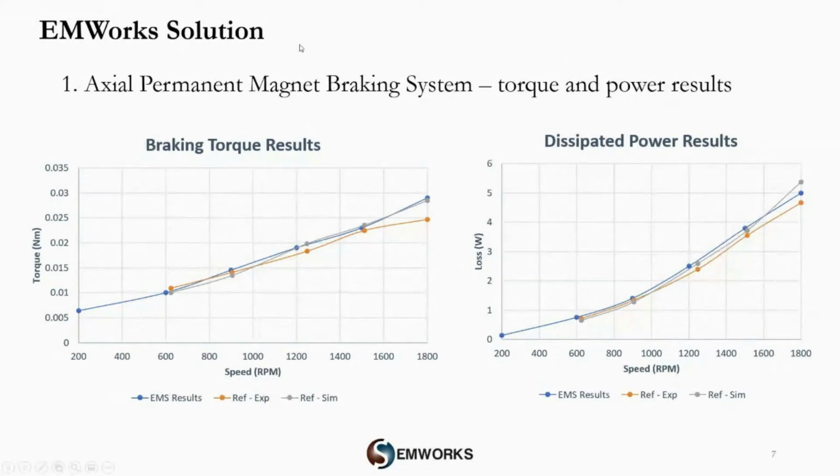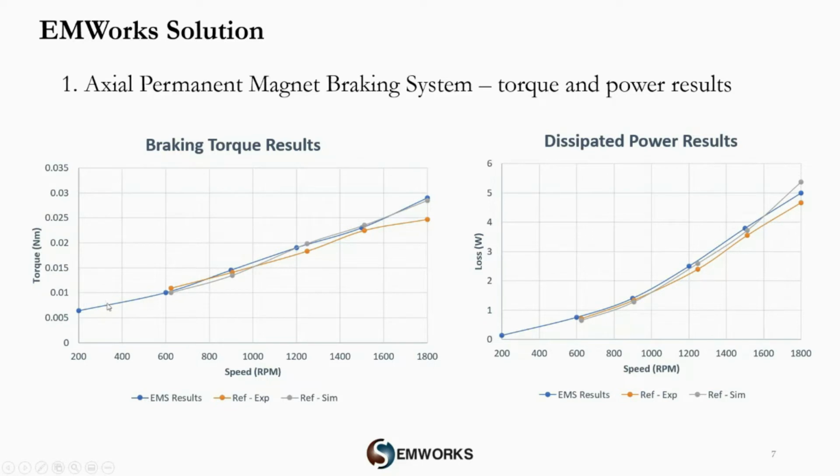One set of results you want to look at is torque as a function of speed of the disk. Here, just comparing to some published data, references, experimental and reference simulation.